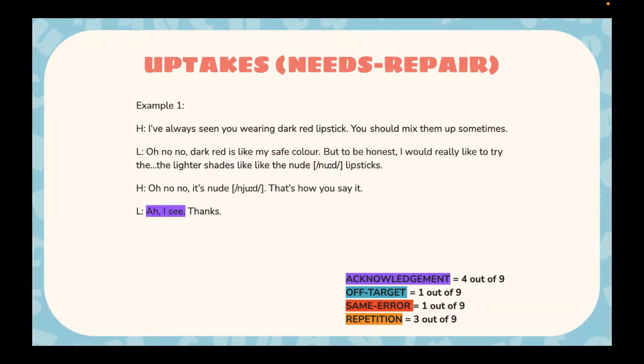Next, for the uptakes, the lower proficiency speaker, as you can see in the last line, positively recognizes the feedback by saying, "I see." So she actually acknowledged the fact that she had mispronounced the word, but she didn't correct the word. She just said yeah, which means that she understood what the H speaker was saying.